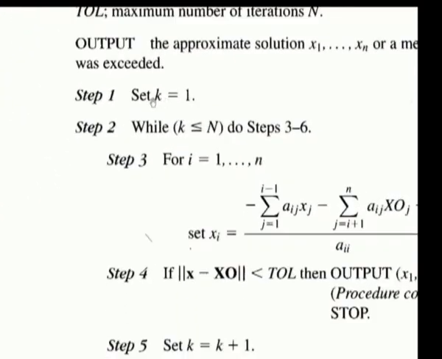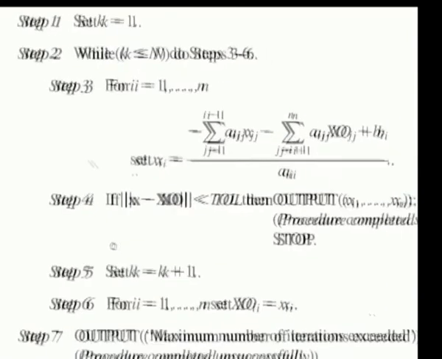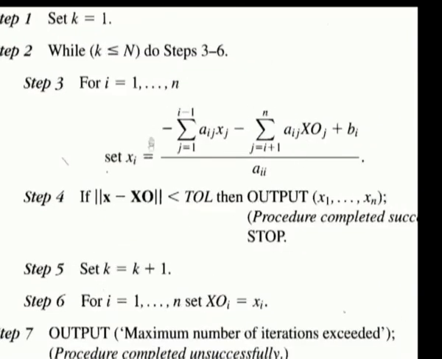So, now the procedure starts. K equal to 1, first iteration, then while k is less than or equal to the maximum, perform steps 3, 4, 5, 6, and this is the Gauss-Seidel iterative procedure. Immediately you compare the difference between the current iterate and the old iterate, that is the previous iterate.